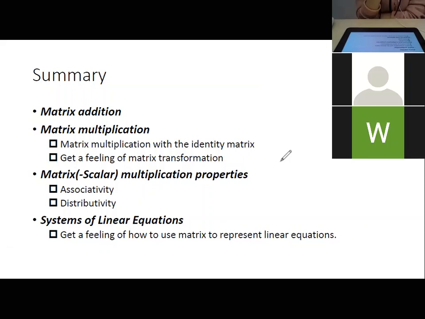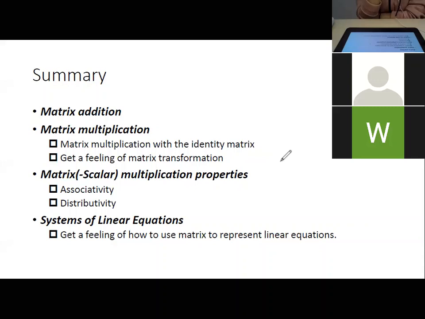The first is that we need to check the dimensions. The second is that we need to do the addition element-wise. The third is that if there is a scalar, we need to multiply the scalar with every element in the matrix.